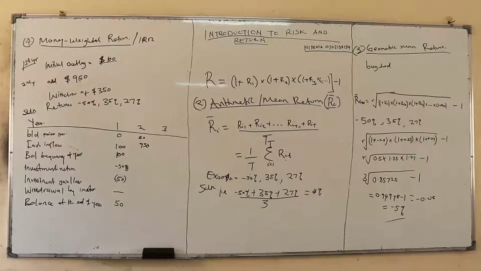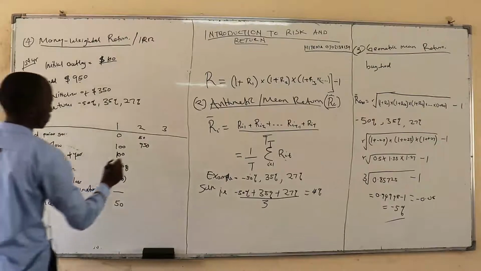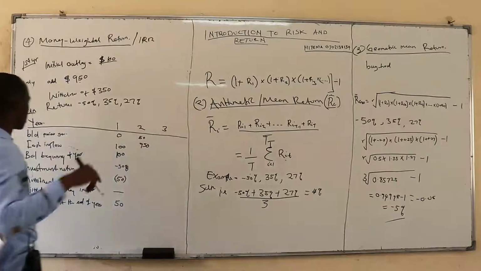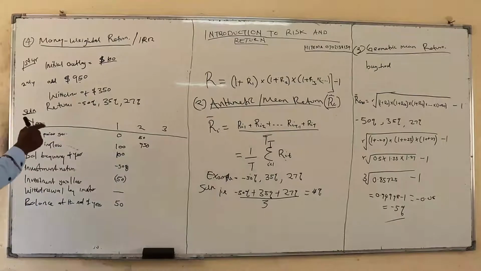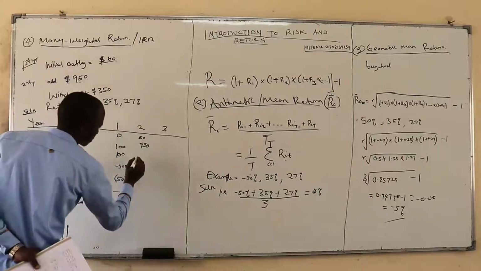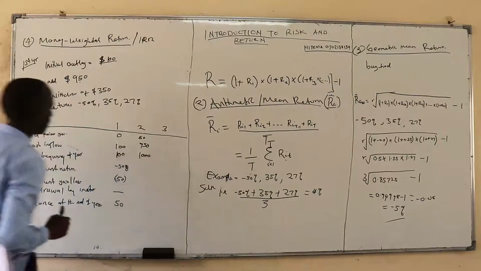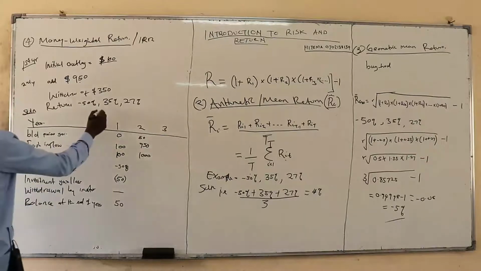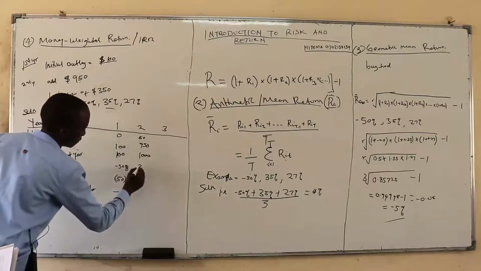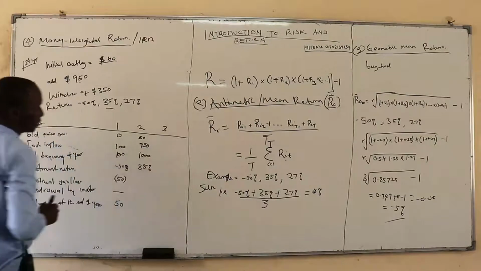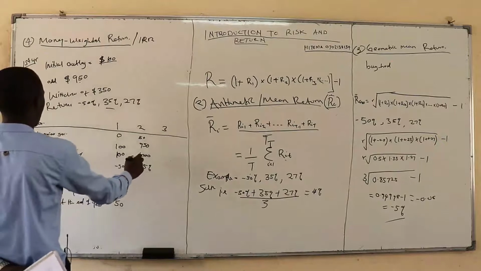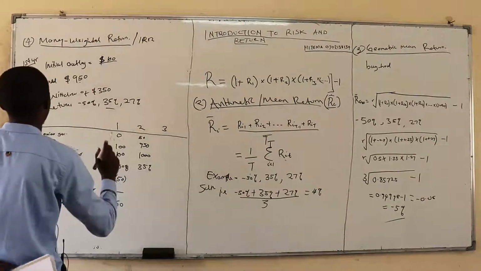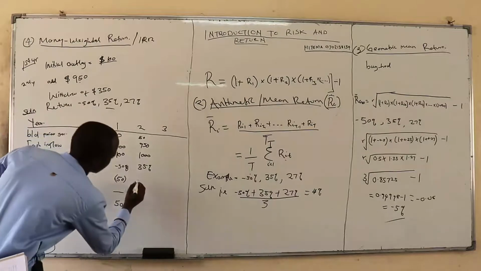The balance at the beginning of the second year is the balance from the previous year plus the inflow of 950, and you find it's 1,000. Then the investment return we were given for the second year is 35%. So 35% of 1,000, which is the balance at the beginning of the second year, is 350.